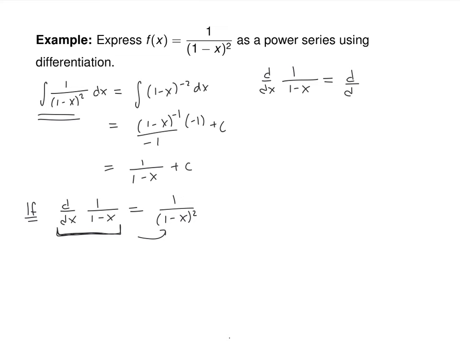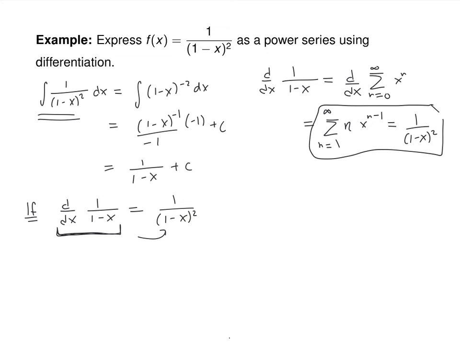So that's the derivative of the sum from n equals 0 to infinity, x to the n. Using term-by-term differentiation, this is the sum from n equals 1 to infinity, n, x to the n minus 1. And that is the power series representation for 1 over 1 minus x, the quantity squared.